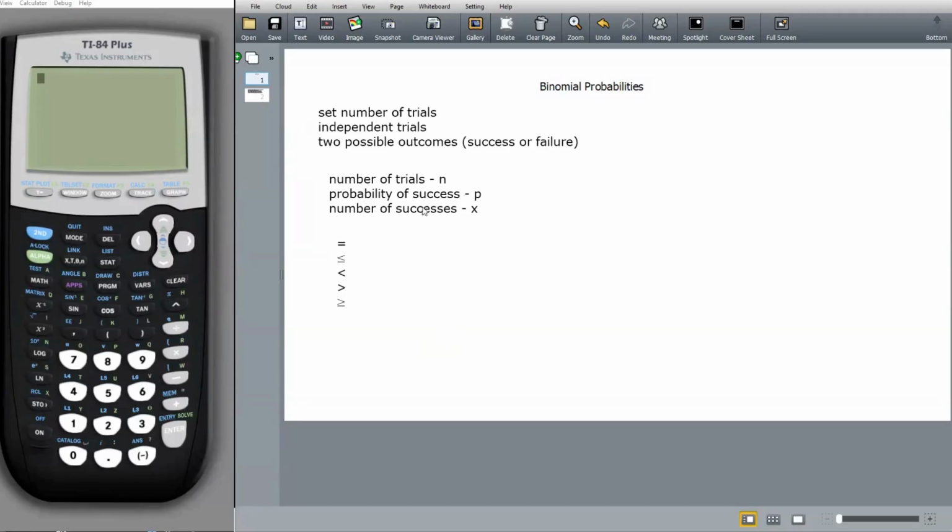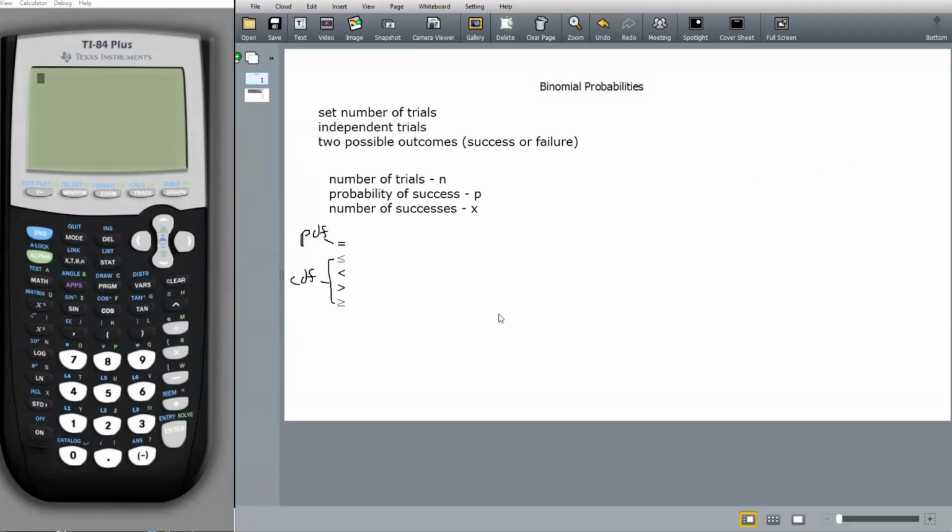If I am calculating equals, then I can do the binomial PDF function. But if I am calculating anything with an inequality, then I need to use the binomial CDF function in my calculator.